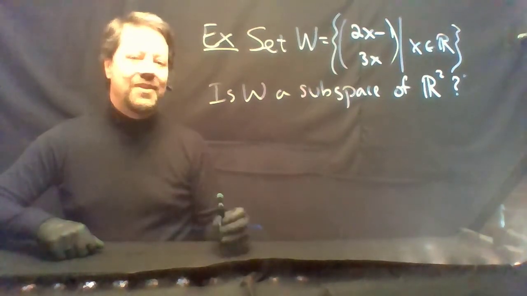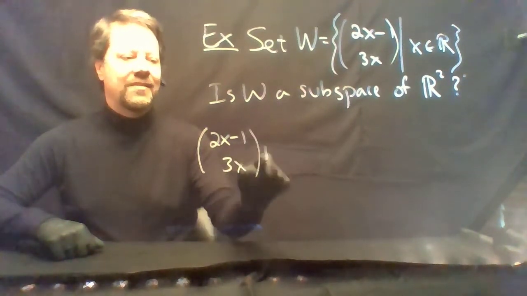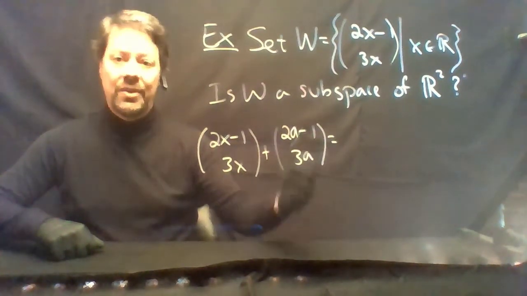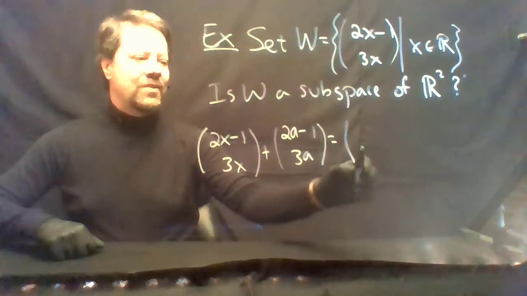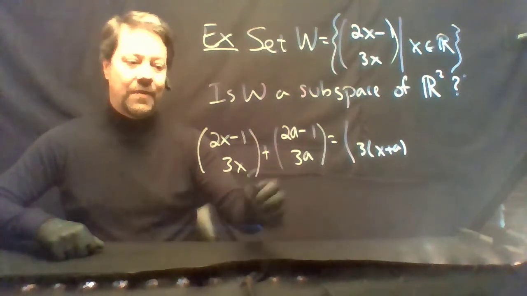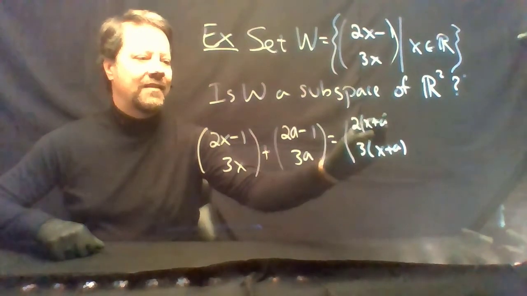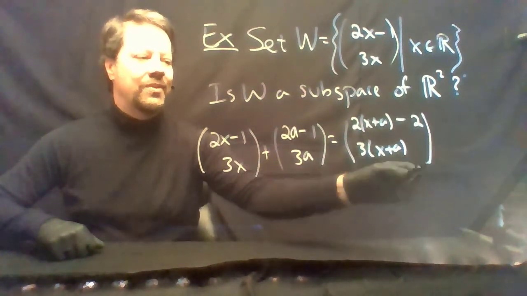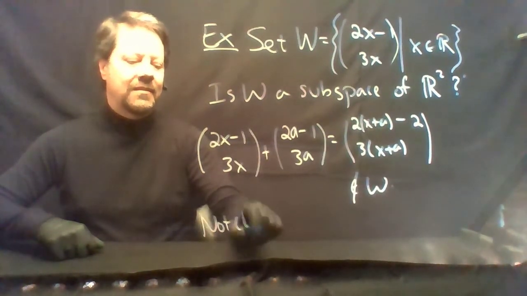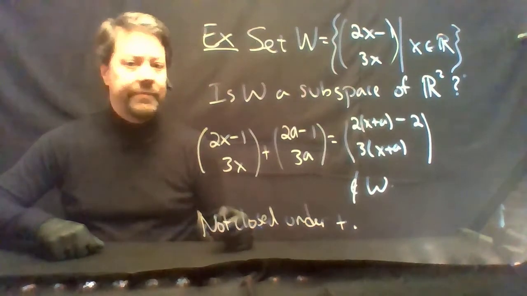Well, if you add two things in there, (2x minus 1, 3x) and say (2a minus 1, 3a), do you get something in there? The last coordinates give us 3 times (x plus a). So far so good, but what about the first coordinates? We'll get 2 times (x plus a), but we get minus 2. This is not in W. So it is not closed under addition. Therefore, it is not a subspace.